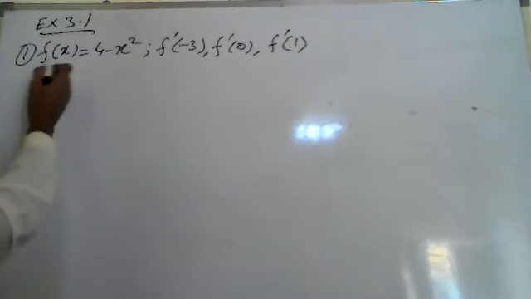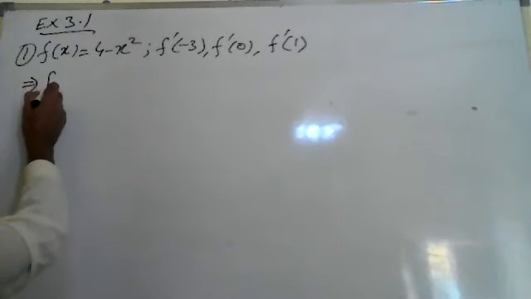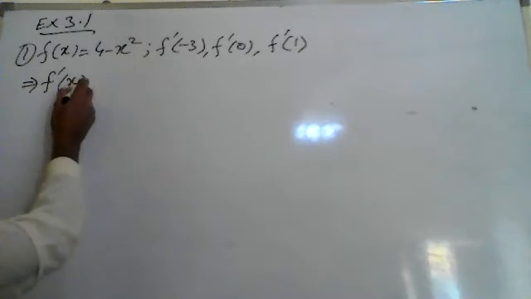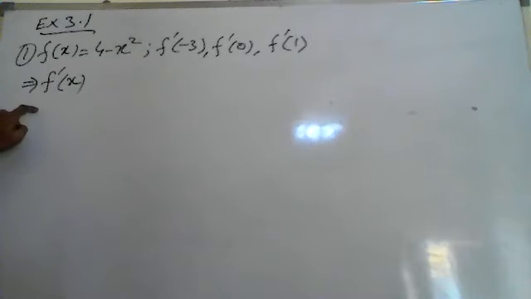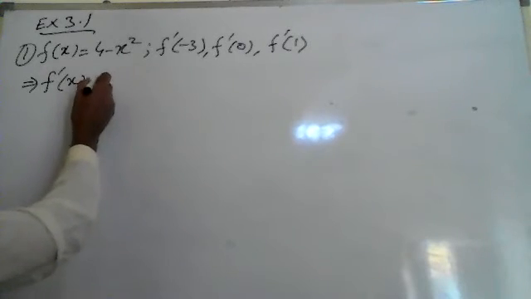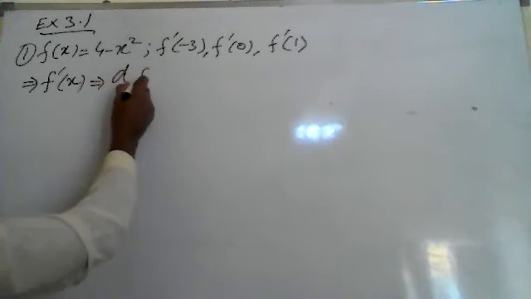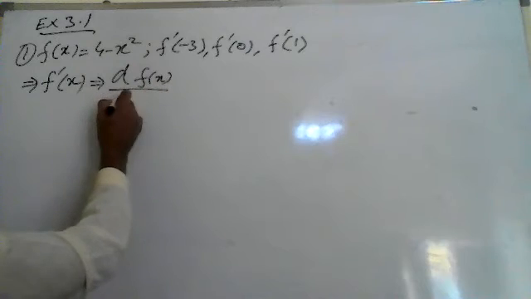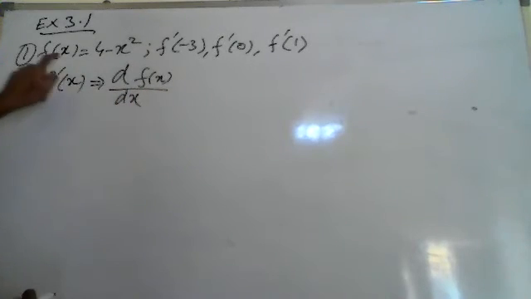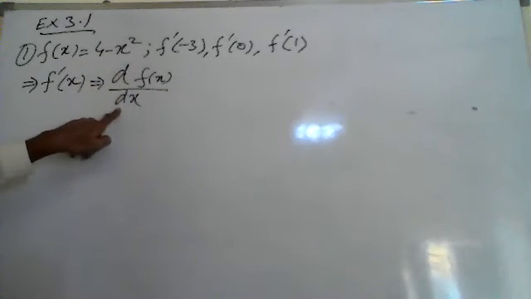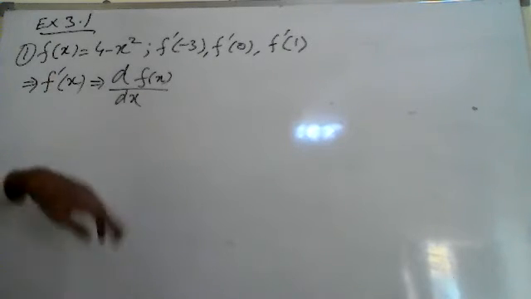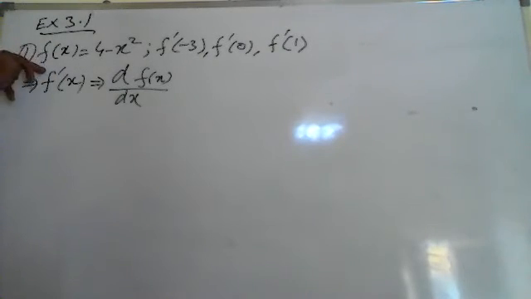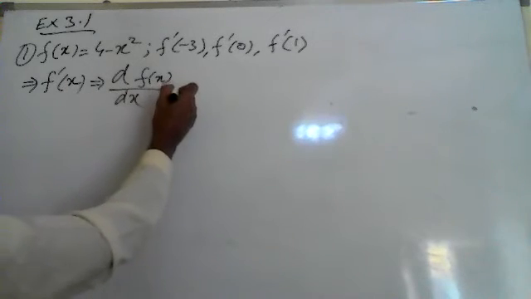So first of all, we find f dash x, which is the derivative df upon dx, the derivative of f of x with respect to x. There is no y, don't write y. So we will find the derivative.